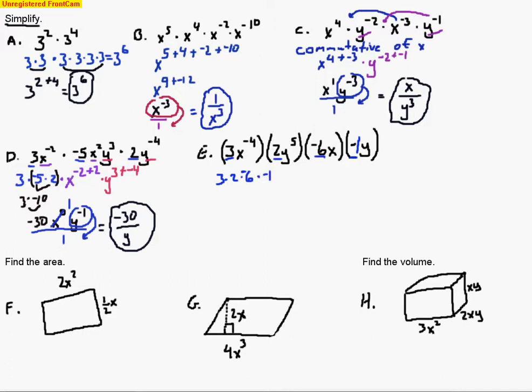Now we look at the next type of term that we have, next base, and that's x. And so I see there's two types of x's here. We have an x to the -4th, and here we just have an x to the 1st power. We don't see the exponent, so treat it as 1. Now moving on to the last type of base, here we have a y, and it's times y to the 5th, and another exponent of 1 since we don't see it, so y to the 1st.